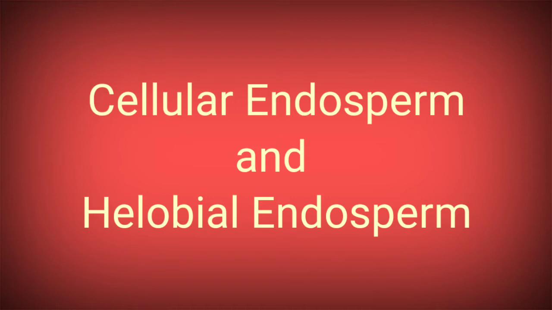And helobial endosperm is an intermediate type where both nuclear and cellular types of development take place. So this is all about the development of endosperm in flowering plants.